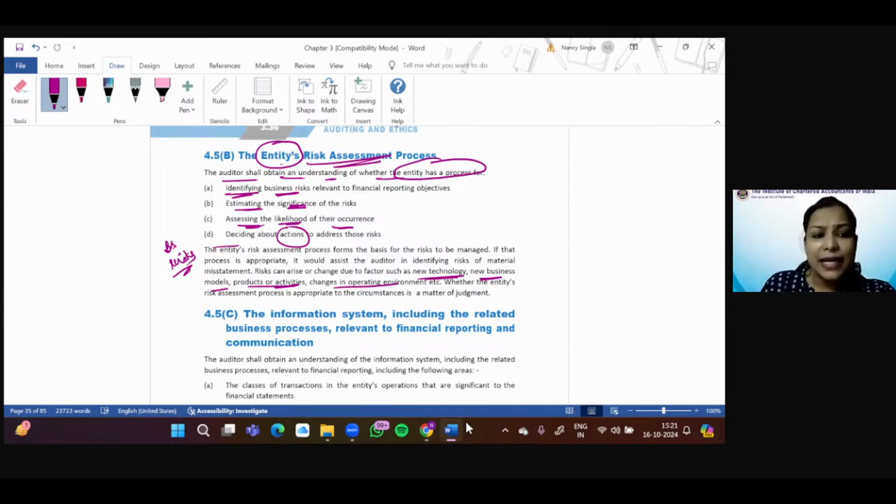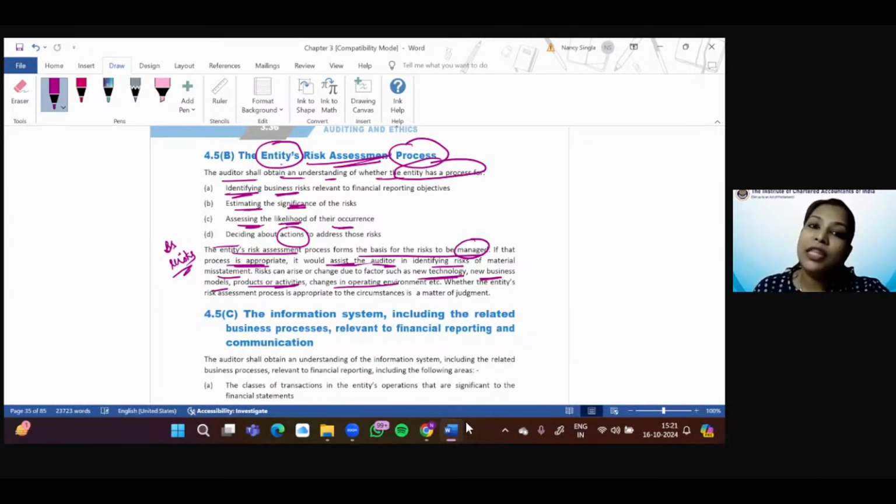And the entity's risk assessment process forms the basis for the risks to be managed. See, if the entity assesses the risk, then only will it be in a position to manage it. And if this process which the entity is following is appropriate, it would help the auditor in identifying risk of material misstatement.